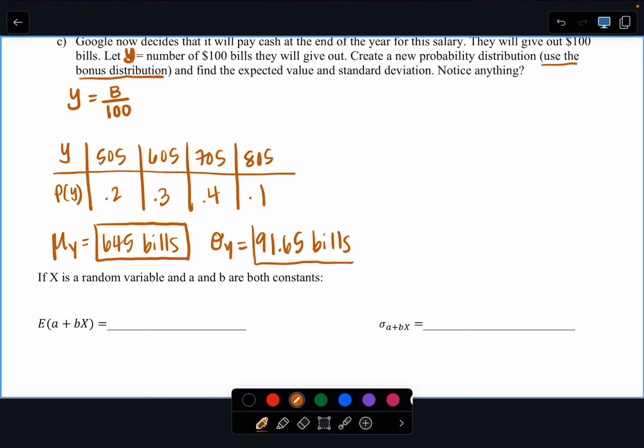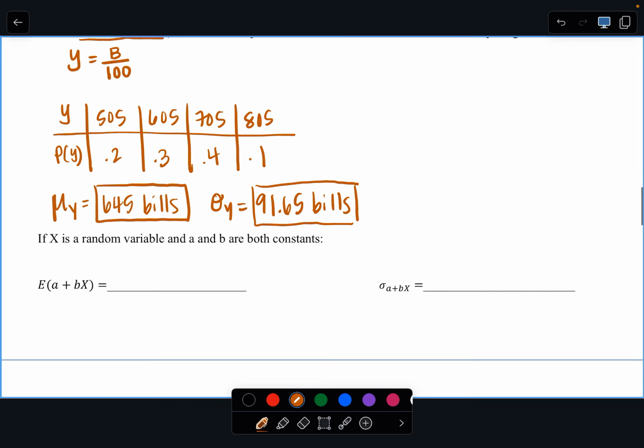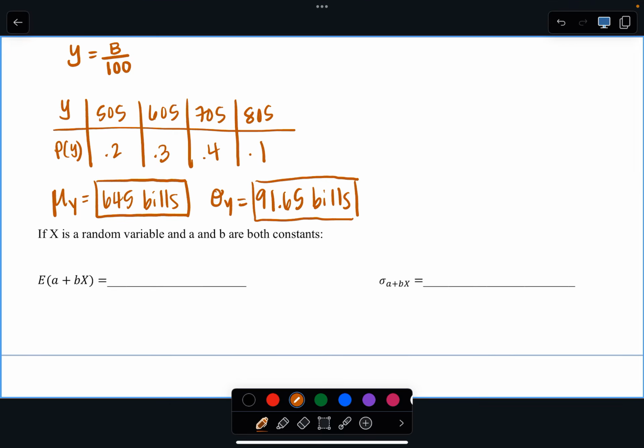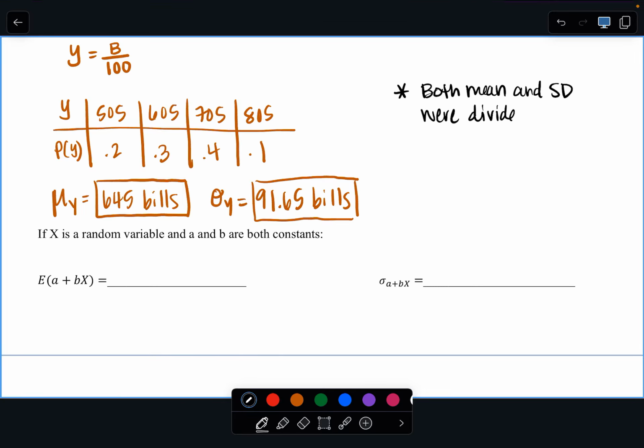So hopefully what you noticed for this particular operation is from part B, where I had 64,500 and 9,165, the operation I did, the division by 100, affected both. So both mean and standard deviation were divided by 100.